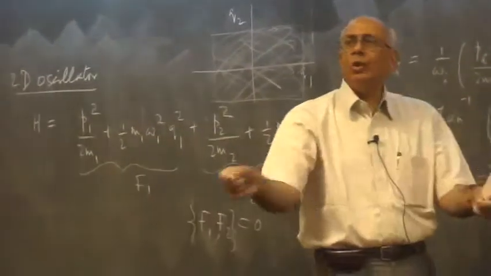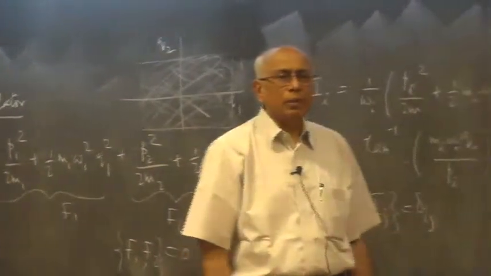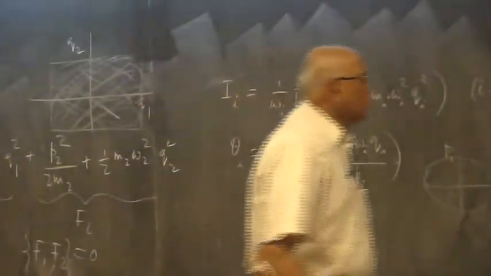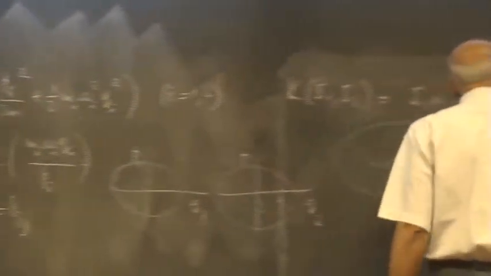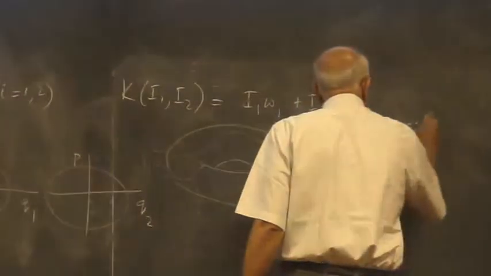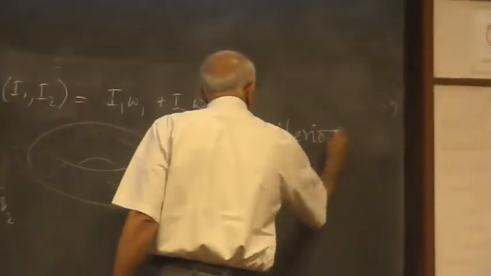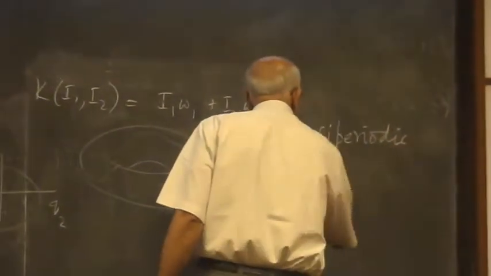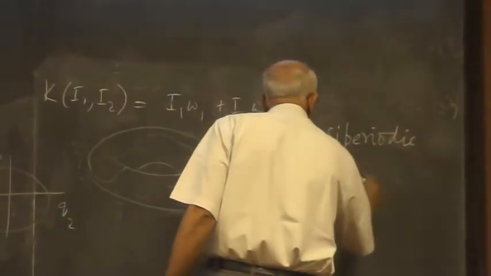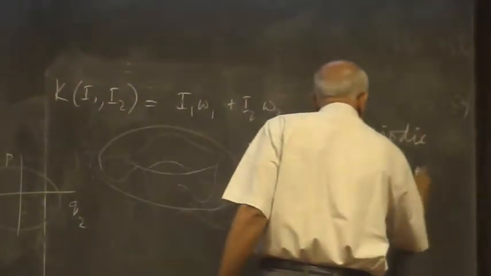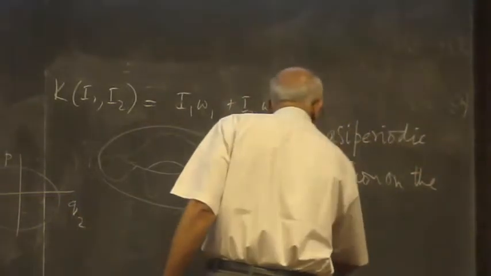However, it comprises 2 different periodic motions with frequency omega 1 and omega 2, and that's called quasi-periodic motion on the torus.